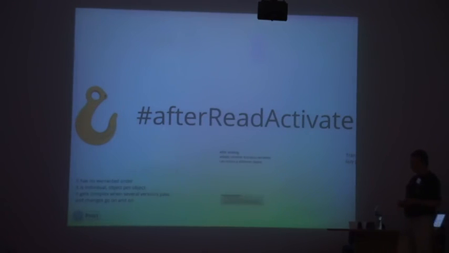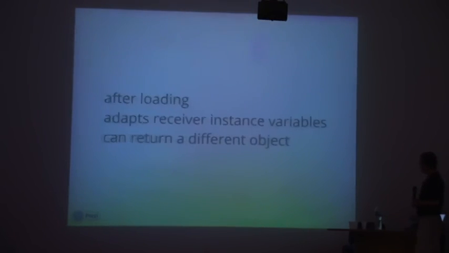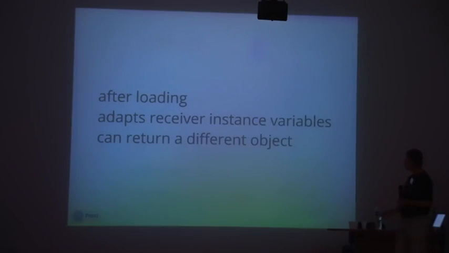We have another hook which is kind of symmetrical with it, which is after read activate. As its name tells, it is applied after loading an object from the stream, and its intention is adapting the instance variables. It also can return a different object.